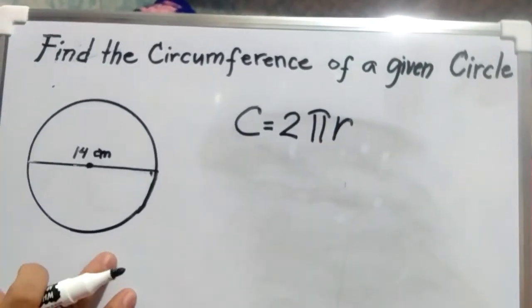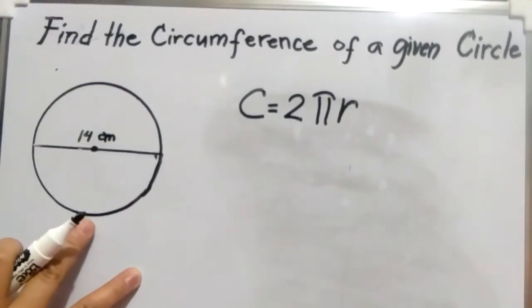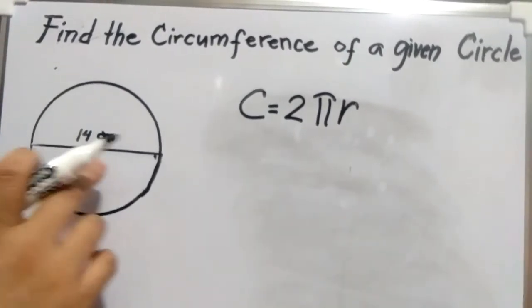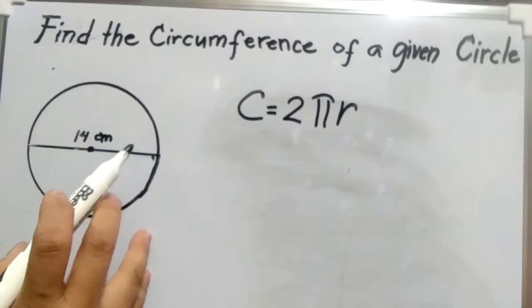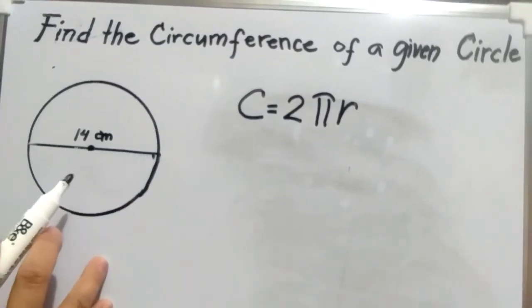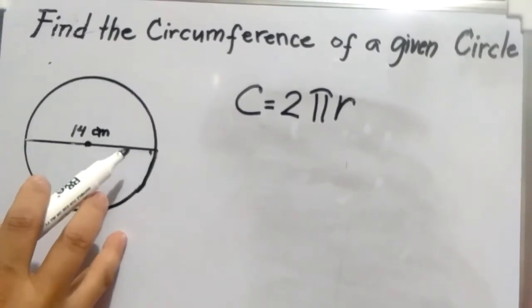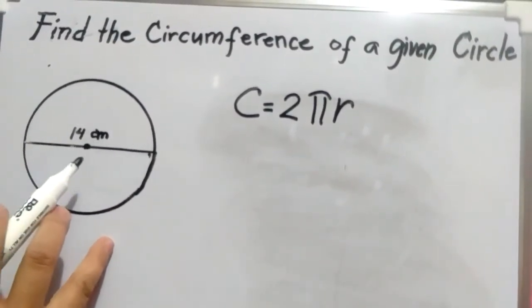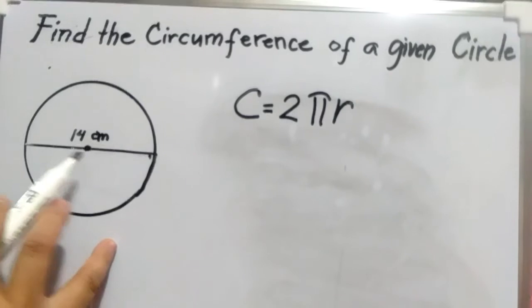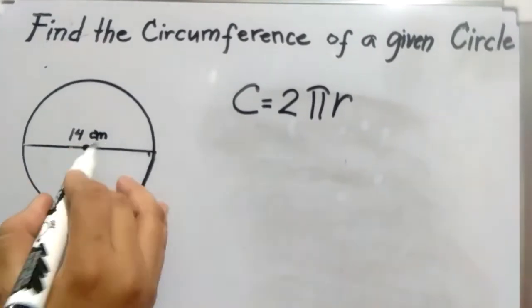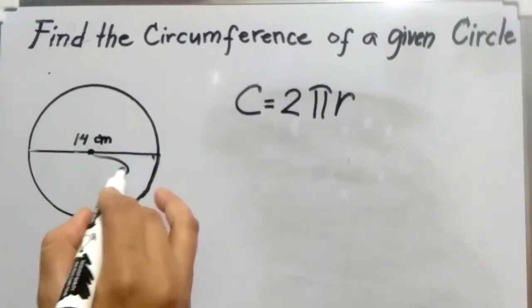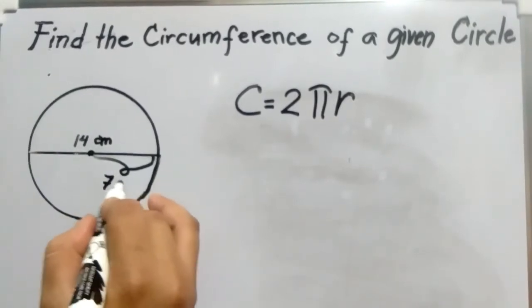So in this problem, however, notice that we're given the diameter instead of the radius. To find the radius, remember that the radius of a circle is equal to half of the diameter. So the radius of the circle shown is equal to half of 14 centimeters. So this is the radius, 7 centimeters.